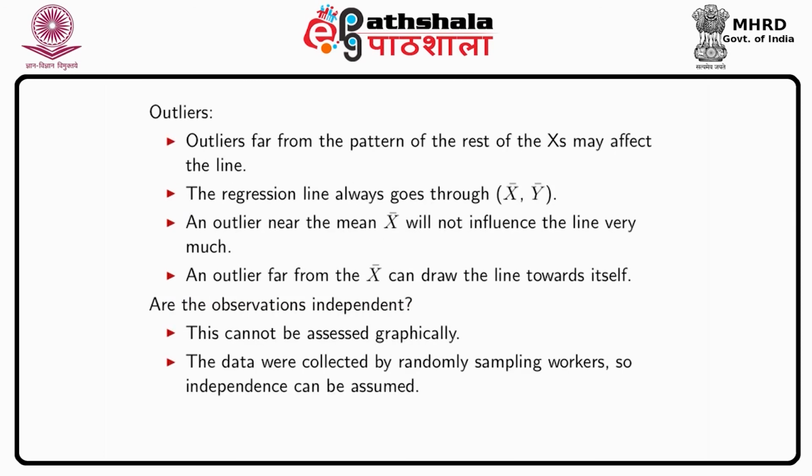Now we see one outlier towards the lesser experience values. Outliers that are far from the pattern of the rest of the x's may affect the line. The regression line always tries to go through the mean of the x variables and the mean of the y variable. So an outlier near the mean of x will not influence the line very much, but an outlier far away from the mean of x, as in this case, will draw the line towards itself.